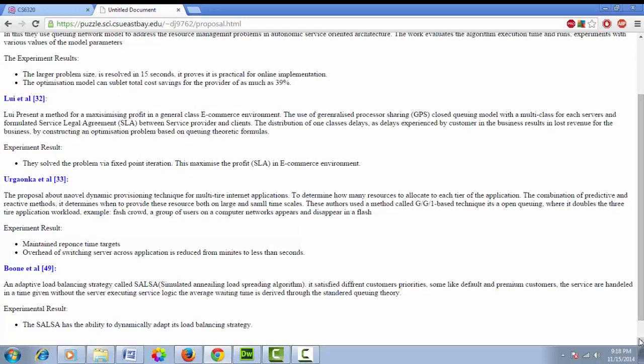Then Boon is another scholar who addressed queuing networks in his proposal.